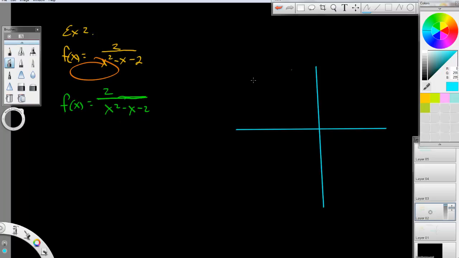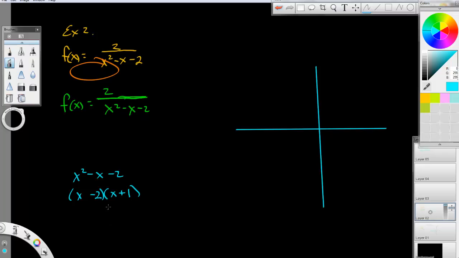We remember, I'm sure you're all completely brilliant at factoring trinomials into binomials. So if we take x squared minus x minus 2 and factor this into two binomials, it's kind of like reverse FOILing. You would have an x here and an x here, a minus 2 and a plus 1.